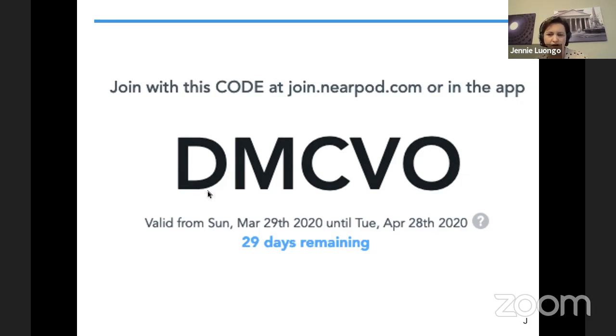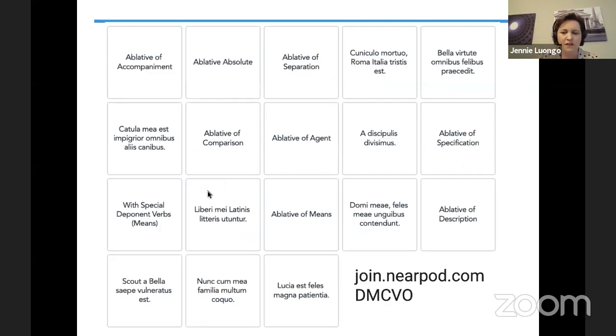If you'll go to the next slide, you can still see the code at the bottom, join.nearpod.com. When you get there, you'll get matching cards, basically. You match the sentence to the use of the ablative.